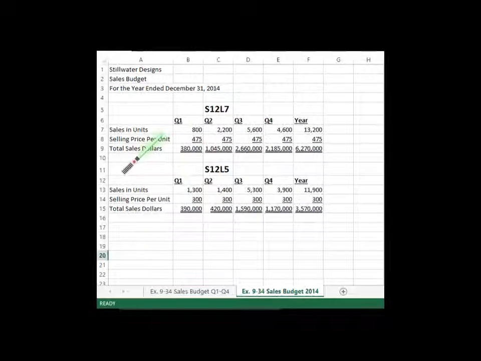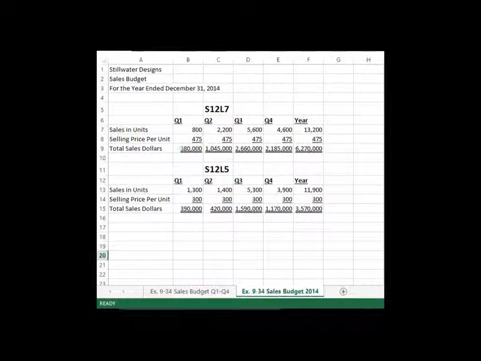It shows sales in units for each one and the selling price. When you calculate the total, notice the selling price per unit remains the same. However, for the year, it's the sum of the sales in units altogether.